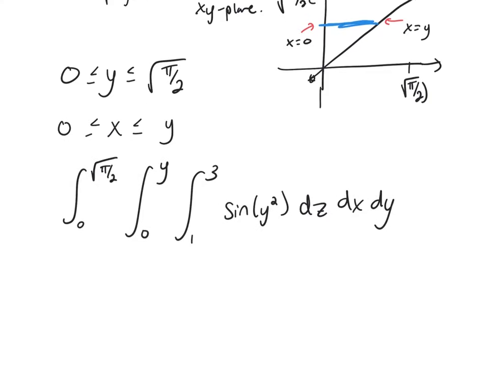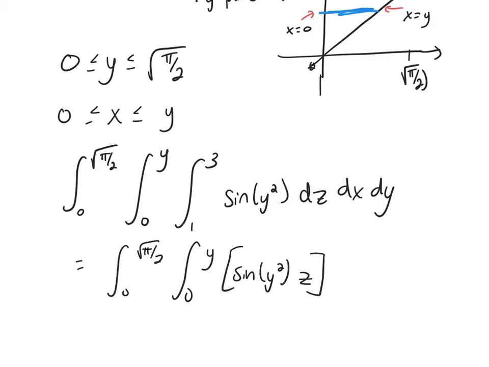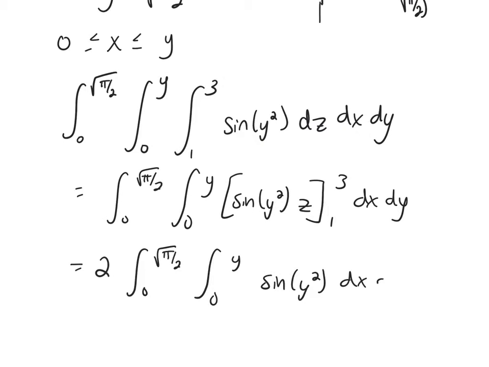So let's see, we switched x and y in our order, and does that really help us here? So 0 to y, you'll get sine of y squared still. So you'll still get a 2, which I'll go ahead and pull out all the way to the front. Sine of y squared dx dy.